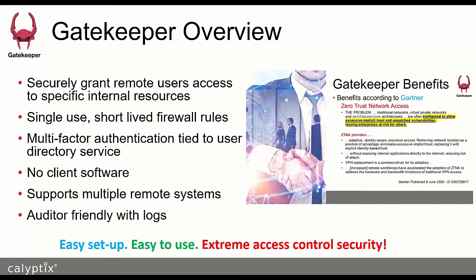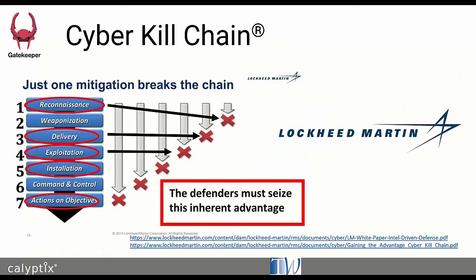So our goal is to spread this solution as far and as wide and as deep as we can. Why? Because when you look at the intelligence that we see, that Lockheed Martin in its cyber kill chain says, if you're going to do security, you need to be smart because we only have limited resources. And I can attest, at Calyptix, we have limited resources.